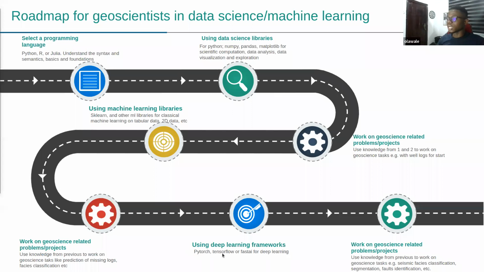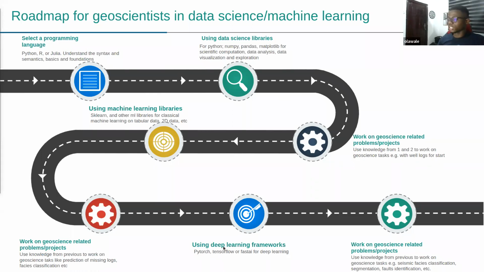For starters, you can start with TensorFlow, because TensorFlow has a lot of functions and it's quite easy to use. It has a lot of abstractions compared to maybe PyTorch, which offers more flexibility, which is just my own opinion.